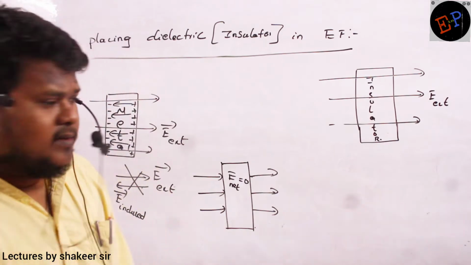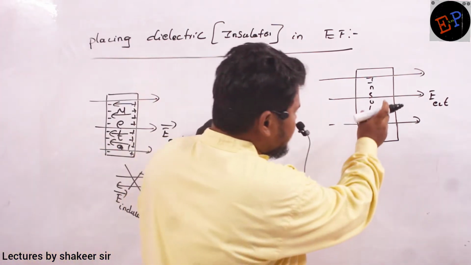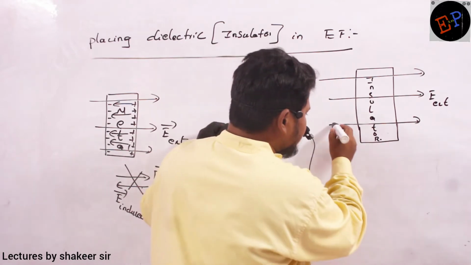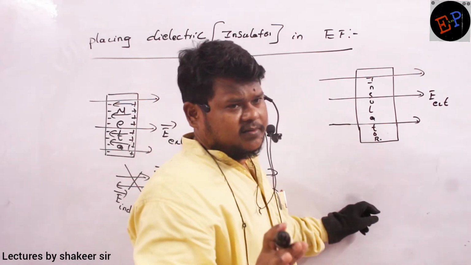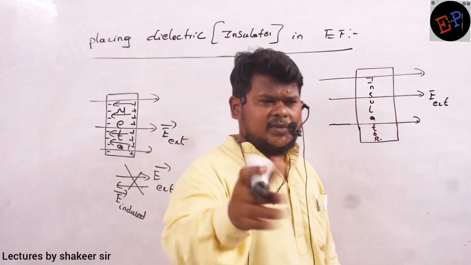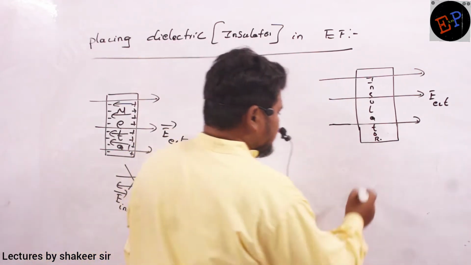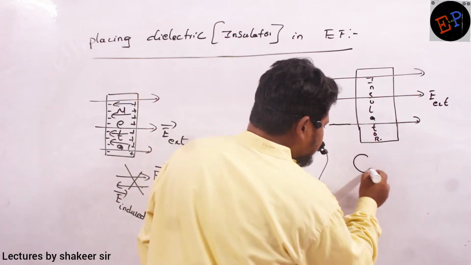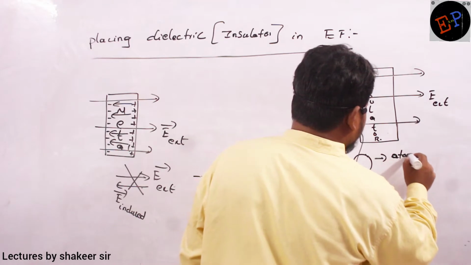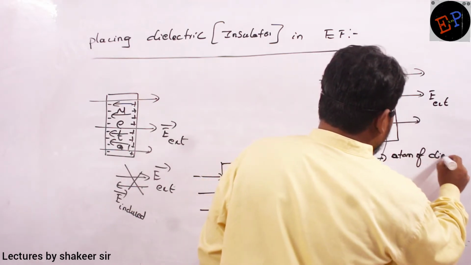Then what happens is the molecules which are present in the insulator, whether it is polar dielectric or non-polar dielectric, whatever the type of dielectric, nothing will happen. So this molecule is the molecule or atom of the dielectric or insulator.